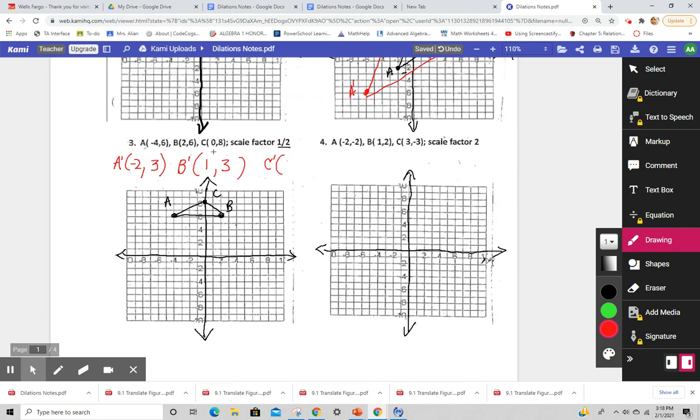C prime: half of 0 is 0, and half of 8 is 4. Okay, let's plot those points. -2, up 3. 1, up 3. That's B prime. And 0, up 4, C prime.